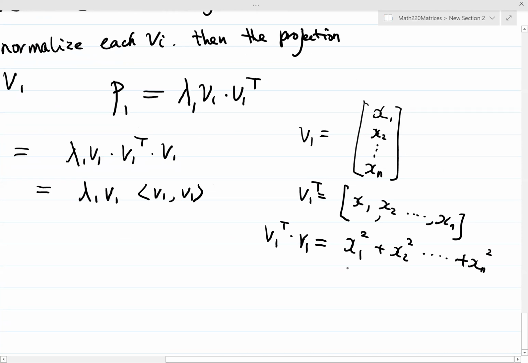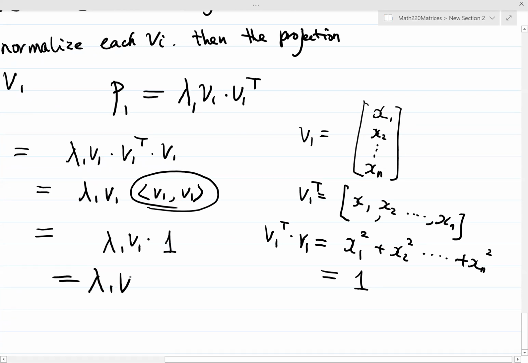Because we already normalized V1 to be a unit vector, this is the norm, so it is 1. So the inner product of V1 with V1 is 1, and we get lambda 1 V1 times 1. That is, what this P does is: we plug in V1, and the output is lambda 1 V1.